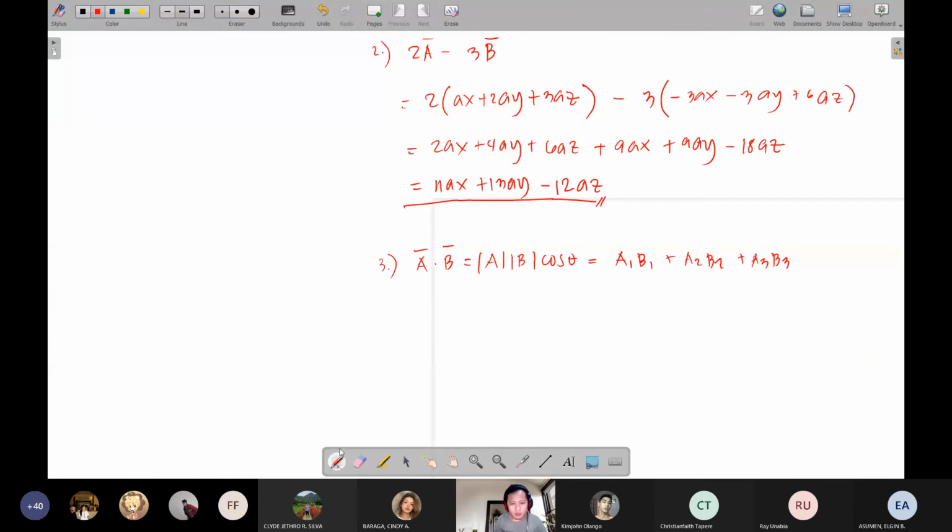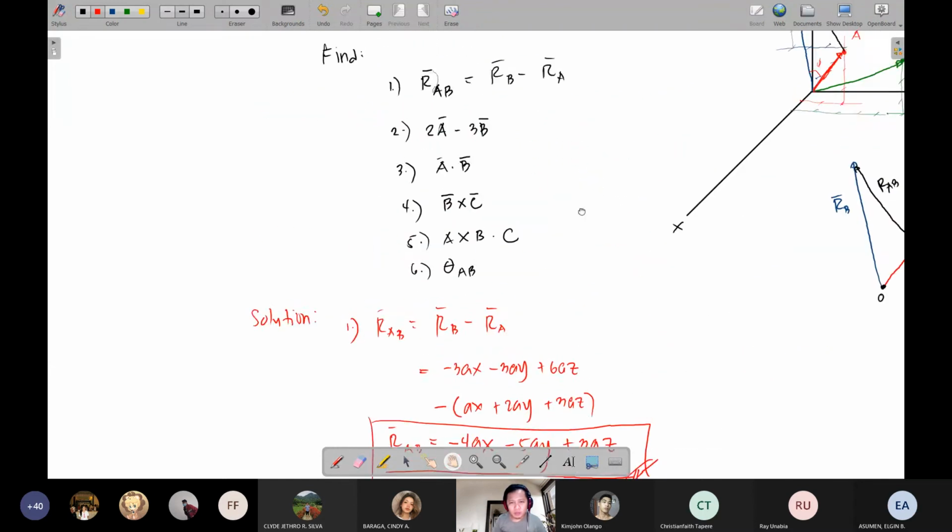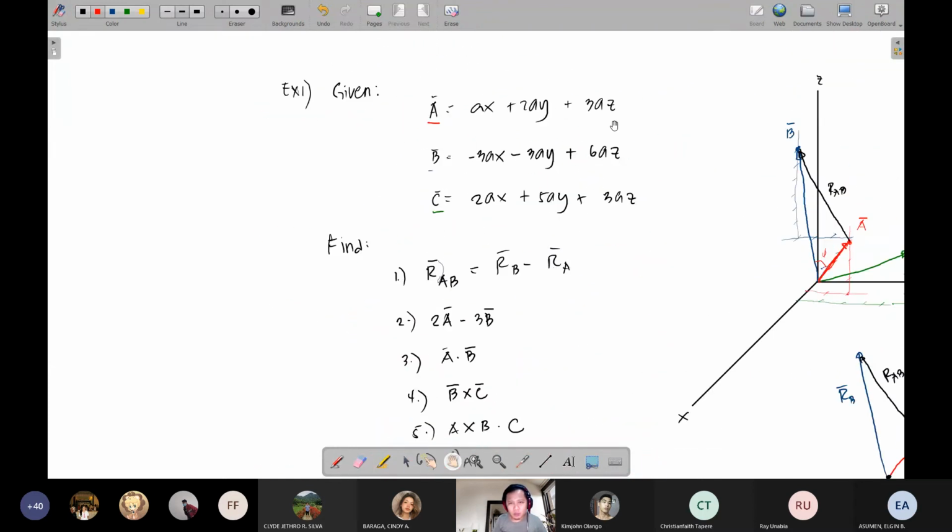So vector A dot vector B will be 1 times negative 3 plus 2 times negative 3 plus 3 times positive 6. Is this right? Negative 3, negative 3, 6, and 1, 2, 3.